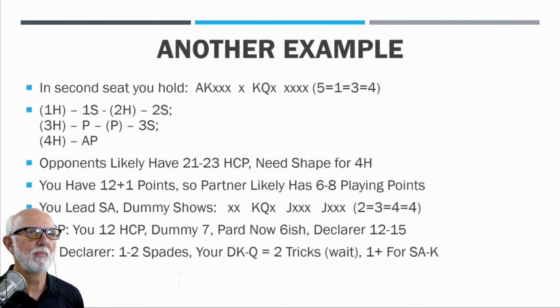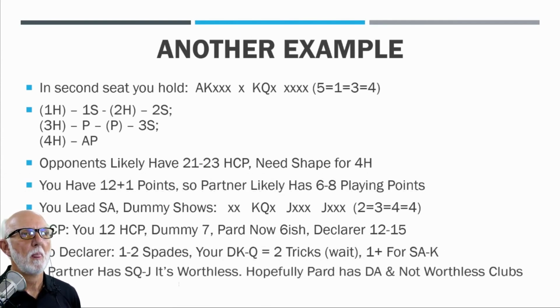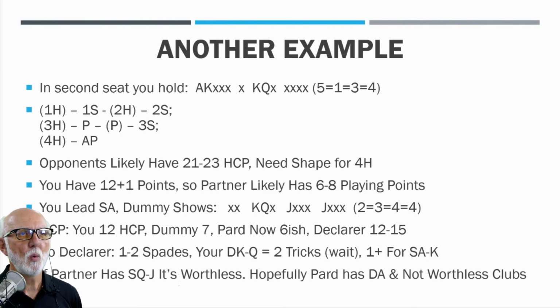So not sure who's got the ace and the king in the club suit, but we've got that spade ace, king. So if partner has the queen and the jack of spades, they're not really going to be worth much if this is a 4-card suit, because we can see the dummy's hand. Remember that dummy's hand? It's showing jack 4th.